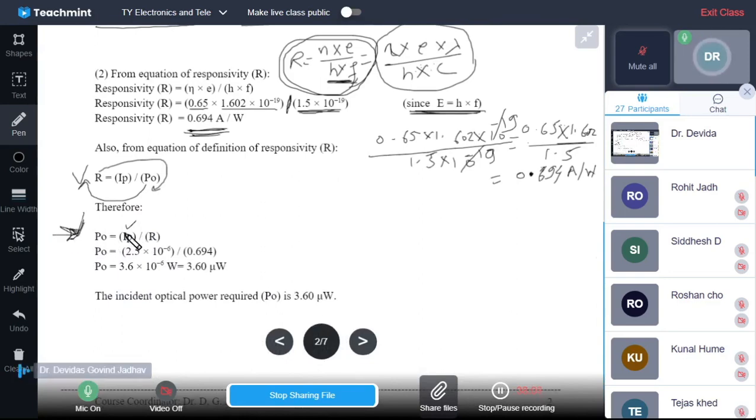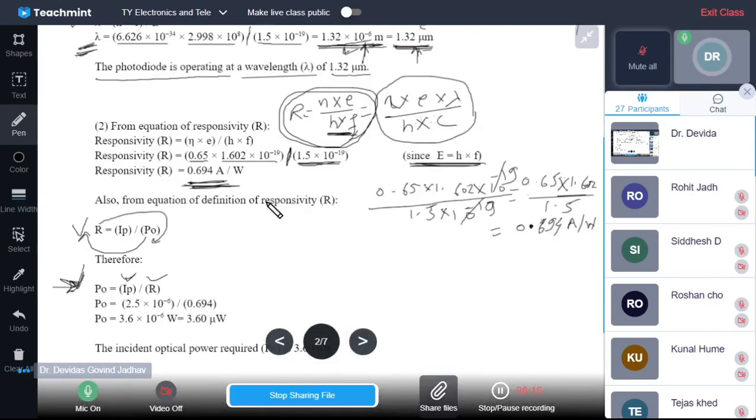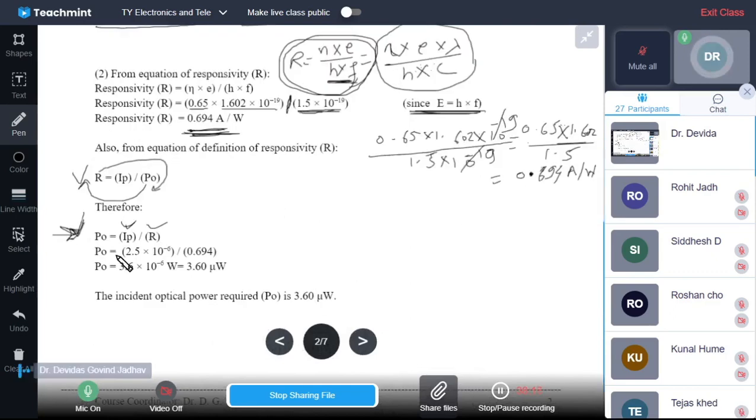R was calculated just now as 0.694 ampere per watt, and Ip is 2.5 into 10 raised to minus 6 ampere. Then substitute and calculate it and you will get Po.